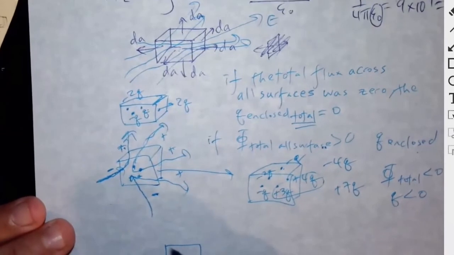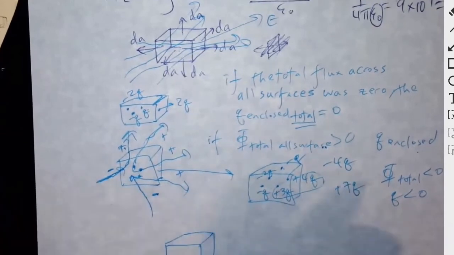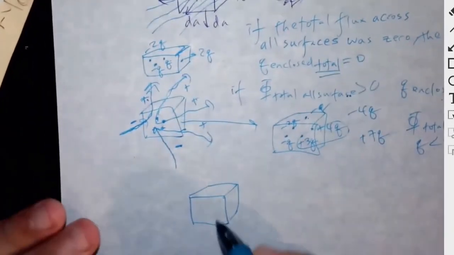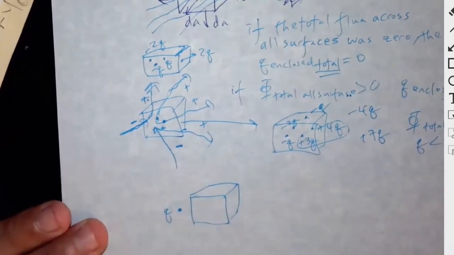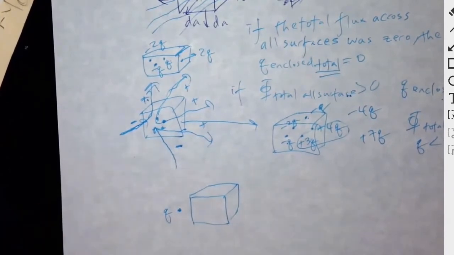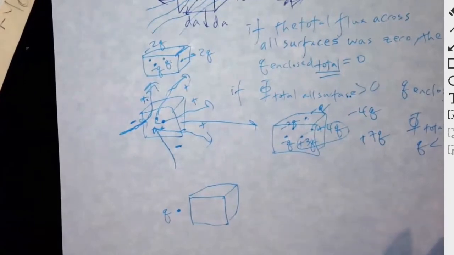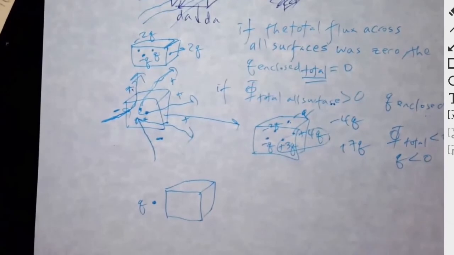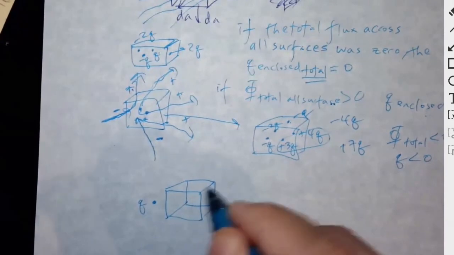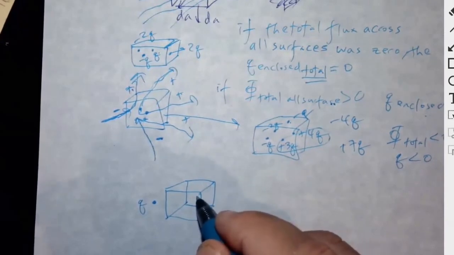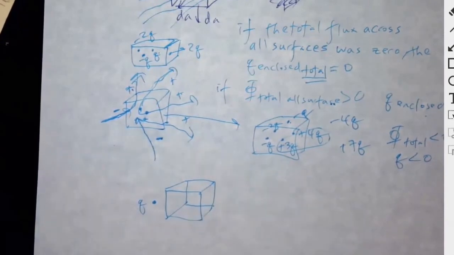So imagine you had something like this, a box, and you had no charges at all inside, and you had another charge outside here. What would be the total flux through that surface? Well, according to Gauss's law, if there's no charge here, the total flux through that surface would be 0, right?